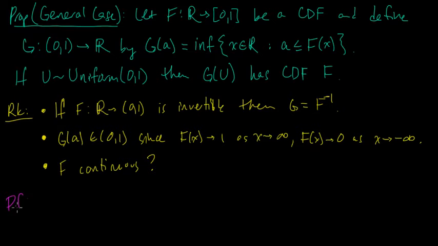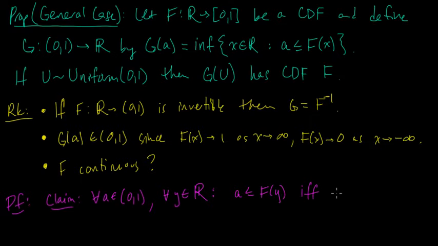Okay, so here's the proof that I have come up with. The proof involves first a little claim. The claim is that for any a in the interval from 0 to 1, and for any real number y, we have that a is less or equal to F of y if and only if G of a is less or equal to y.